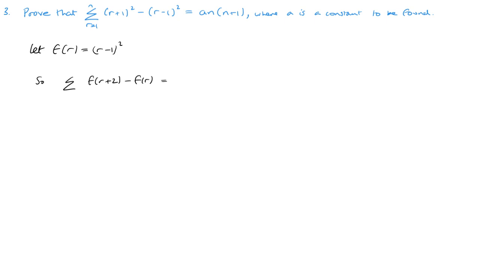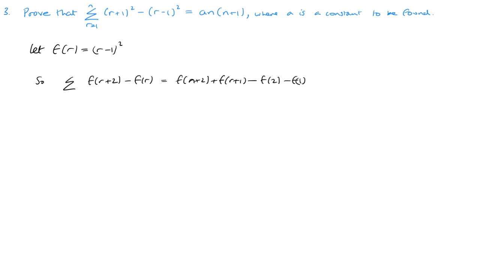So this now has 2 difference in it, so it's going to be 4 terms in total, but this is the other way around to what we looked at earlier. So it's going to be f of n plus 2 plus f of n plus 1 minus f of 2 minus f of 1.